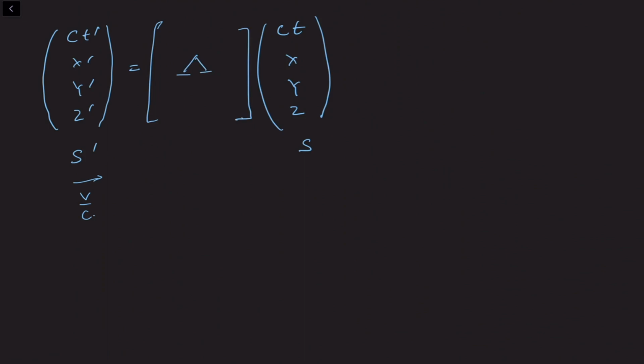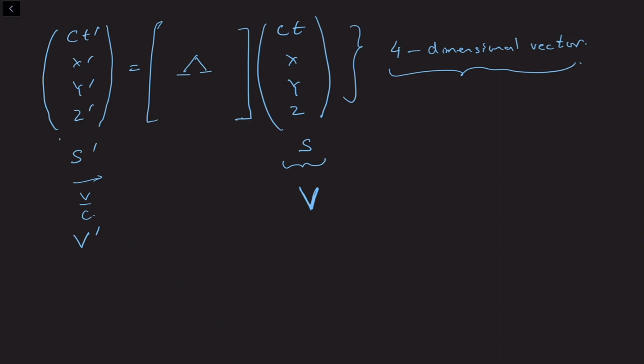So in this way, we can define this column vector. In shorthand, we can write this as a vector v. And this is a vector in a generalized sense. So this is a vector in 4 dimensions. And if I want to know what the corresponding vector is in the frame S prime, I would call that v prime.